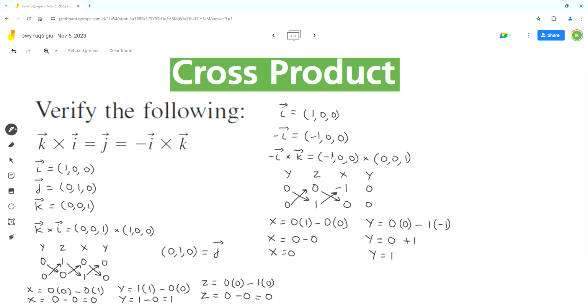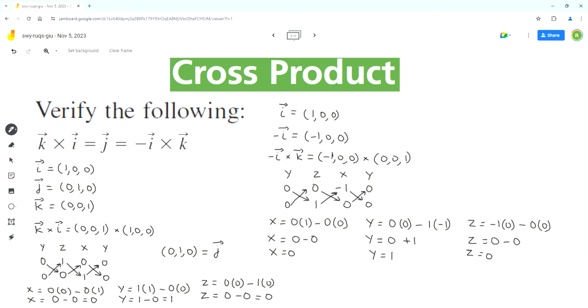Now we can find the z component. So we start with -1 times 0 and then minus 0 times 0. So I get z equals 0.